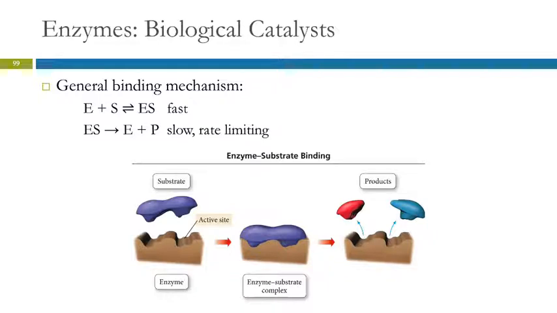That's the rate-limiting step. And here again we see the enzyme showing up in the mechanism, not showing up in the overall reaction, but it starts as a reactant and ends as a product. It's engaged and then made available again.